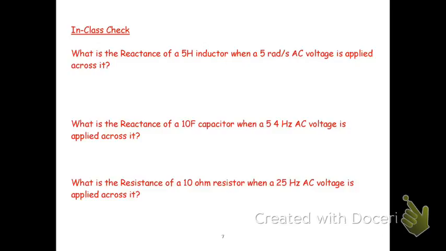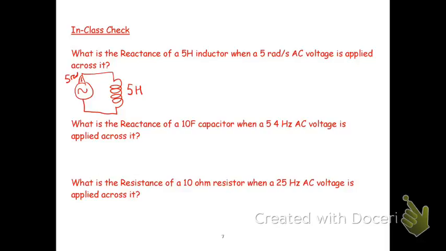What is the reactance of a 5 Henry inductor at 5 radians per second? So let's do the inductor, it's like a little coil, and this is 5 Henrys, and this is 5 radians per second. What's the symbol for the frequency in radians per second?